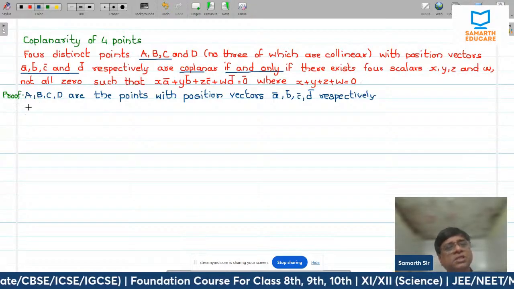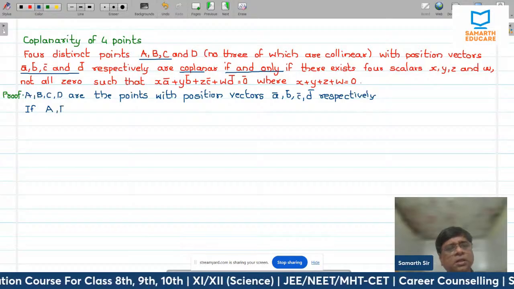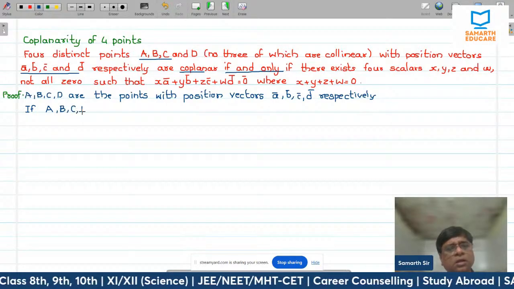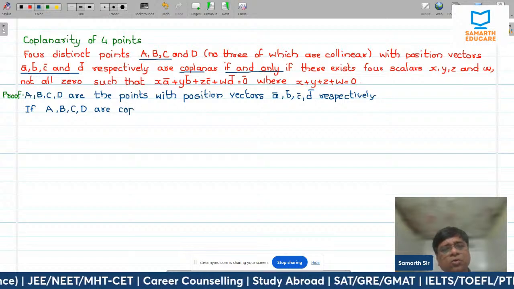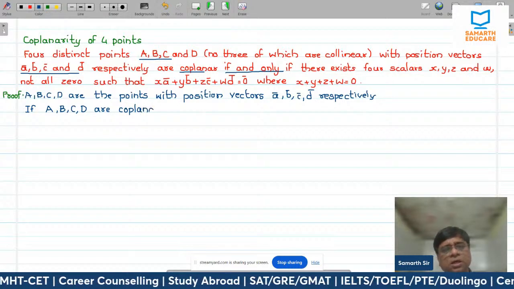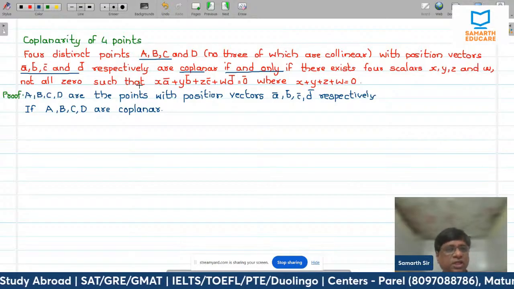Now, let me say if A, B, C, D are coplanar. Once again, going back to the first class, if it is collinear, then scalar multiplication, coplanar means linear combination.